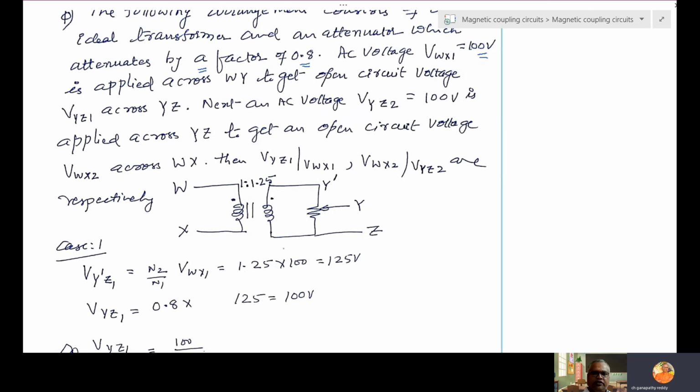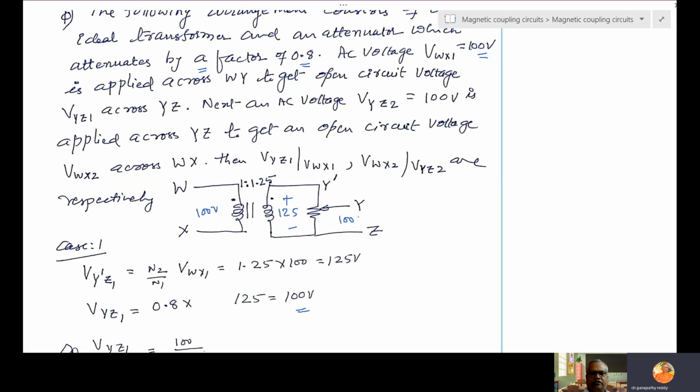What is the voltage applied here? 100. So how much do you get here? 125. VYZ1 is 0.8 times of 125. This attenuation is like a potential divider. How much is it attenuating? 0.8. So 125 is multiplied with 0.8, you are getting 100 volts.